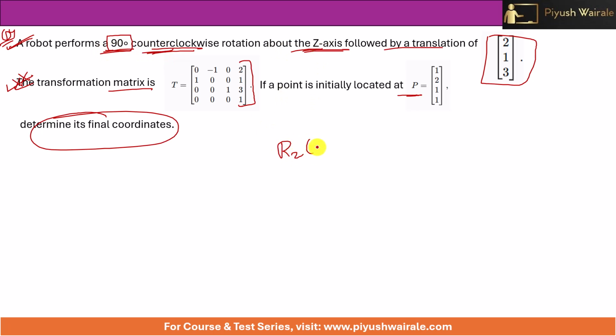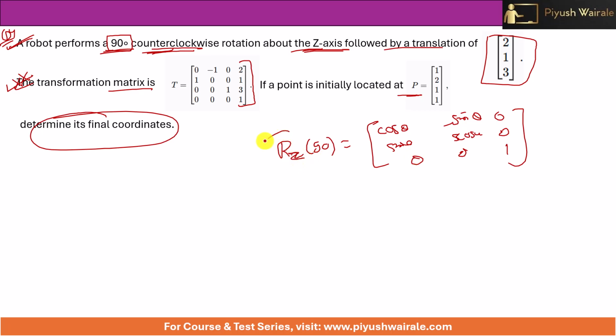So Rz(90) will be: cos theta, minus sin theta, then sin theta, cos theta, 0, 0, 0, 0, 1. So you should be able to frame the transformation matrix here. This is my R and we have the translation, so we can form the transformation matrix like this. Again, same thing: we apply P dash equals T into P.